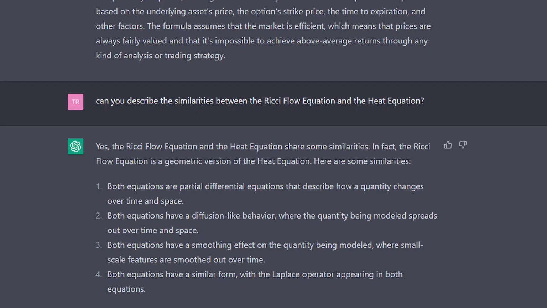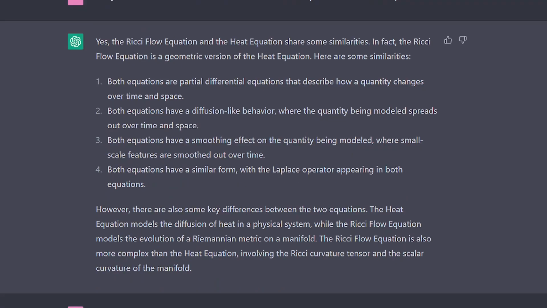Both equations have a smoothing effect on the quantity being modeled, where small-scale features are smoothed out over time. And both equations have a similar form, with the Laplace operator appearing in both equations. However, there are also some key differences between the two equations. The heat equation models the diffusion of heat in a physical system, while the Ricci flow equation models the evolution of a Riemann metric on a manifold. The Ricci flow equation is also more complex than the heat equation, involving Ricci curvature tensor and scalar curvature of the model.